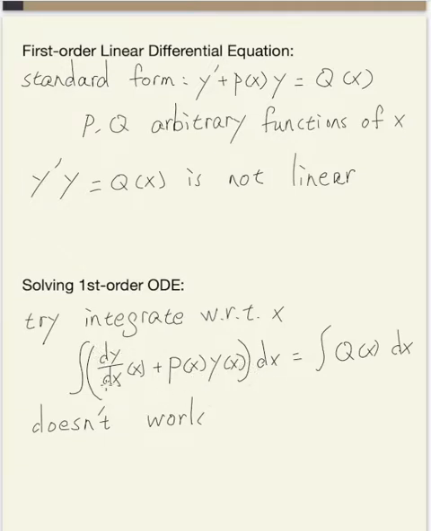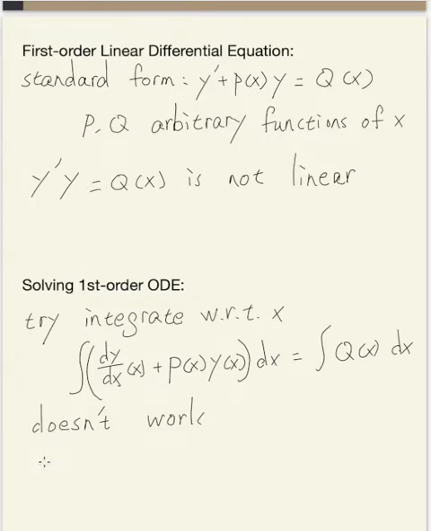Since the problem is p of x times y of x, because this is something that we cannot integrate, what if we multiply the entire equation by something we call an integrating factor, and that thing makes the left-hand side computable?